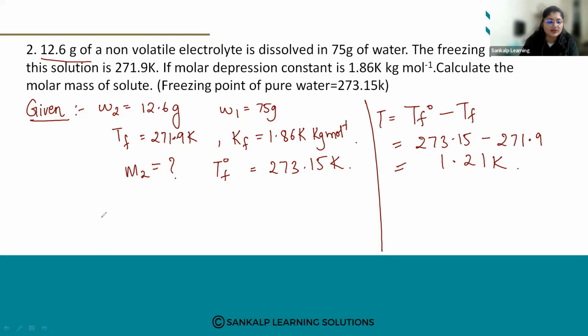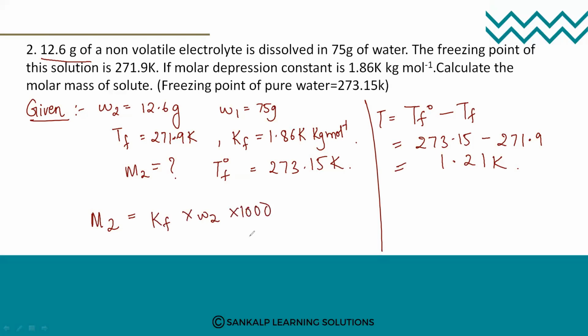Next, what is the formula? The formula to find the molar mass of solute in terms of depression in freezing point is given as M2 is equal to Kf into small w2 into 1000, divided by delta Tf into W1. Okay.